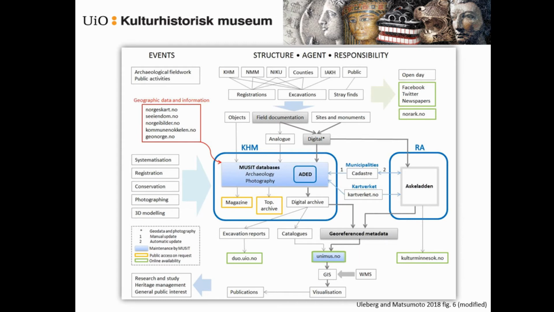Then the university institutes, and then the counties do a lot of surveying excavations. And then, of course, the public will deliver stray finds. That is from metal detecting and all the variety of find circumstances that might be from private persons.